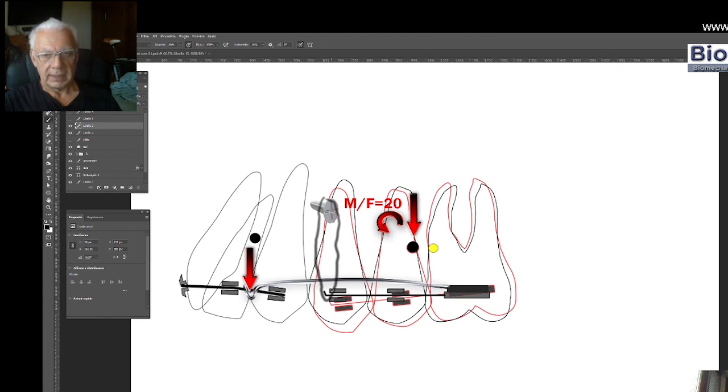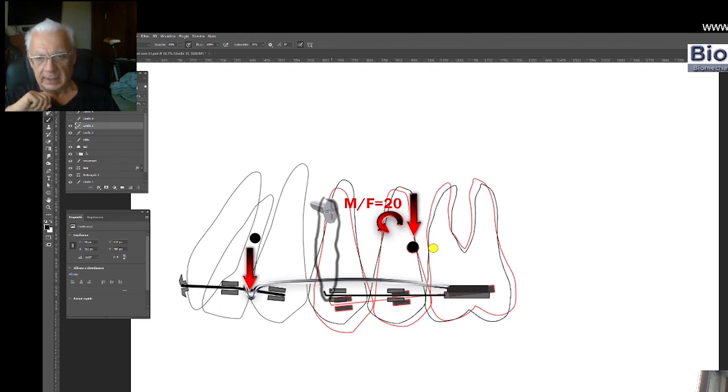Remember that you can use TADs as direct anchorage, and this means that you apply the force directly to the TAD, or indirectly, this means that you are connecting somehow the TAD with the reactive unit in order to restrain its movement. So in this case, we are connecting the TAD through this metal ligature to the reactive unit. And so we can speak about indirect anchorage.